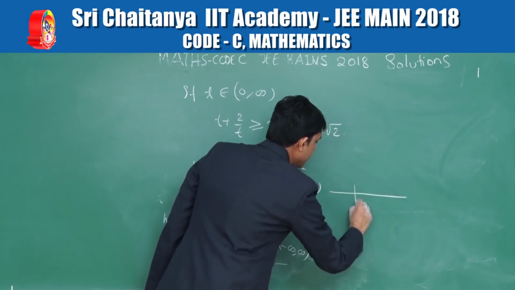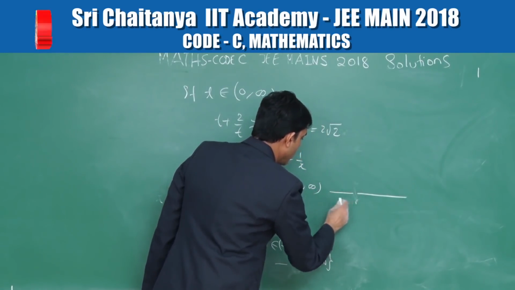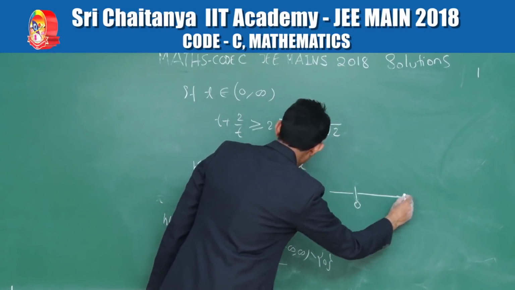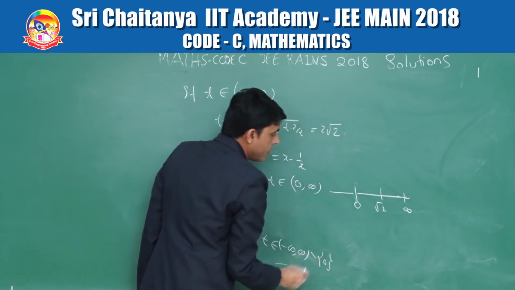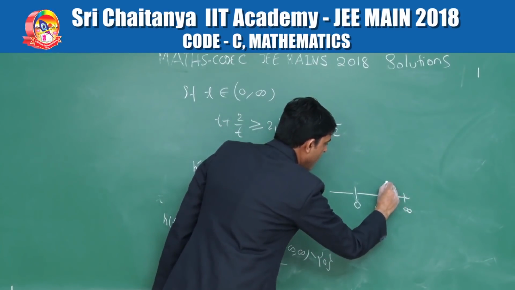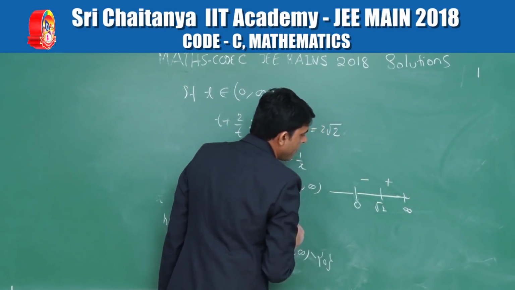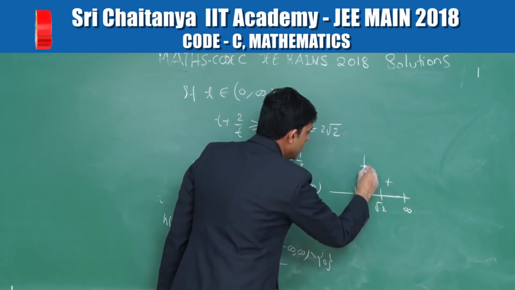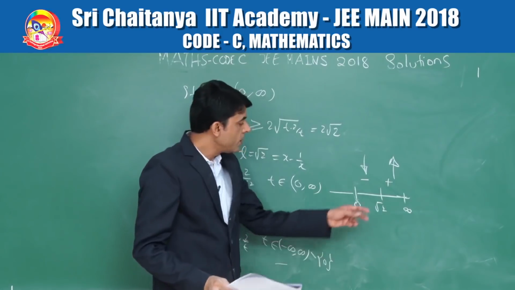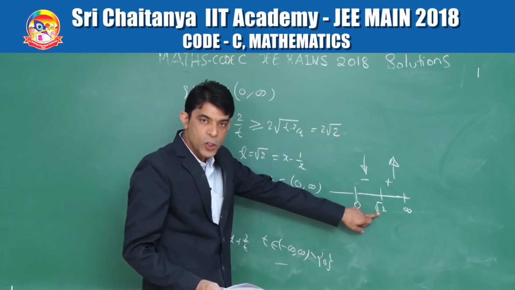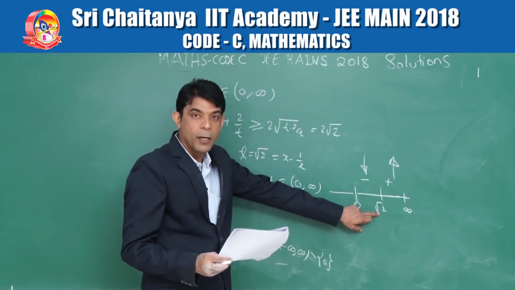If I draw the sign scheme, it's 0, then root 2, and then infinity. After root 2 onwards, it's positive, before it's negative. So it is decreasing here and increasing here, and so the point root 2 happens to be a point of local minima.